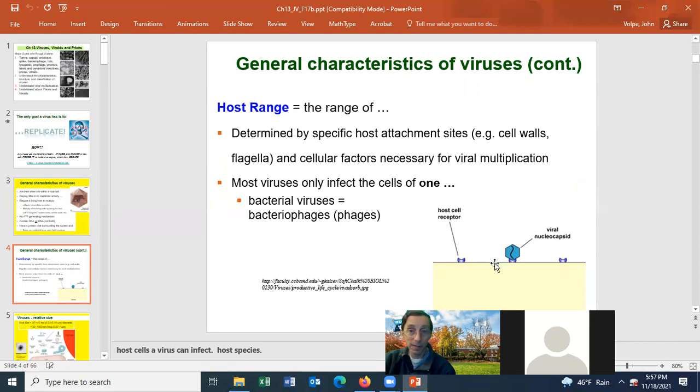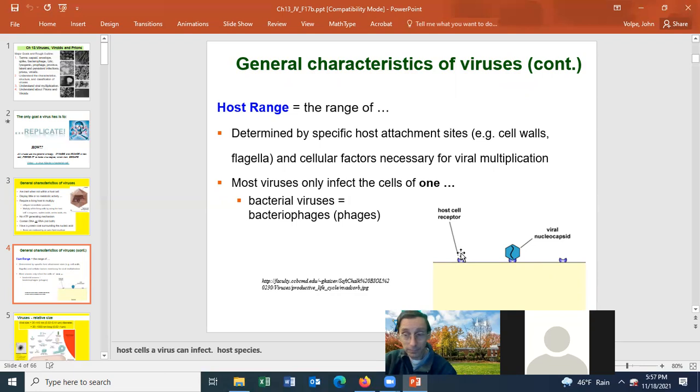So you have specific receptors on the host cell and specific ligands, or attachment molecules, on the virus. And they have to link up, meaning be corollaries, before they can bind. Most viruses only infect the cells of one or a few species.